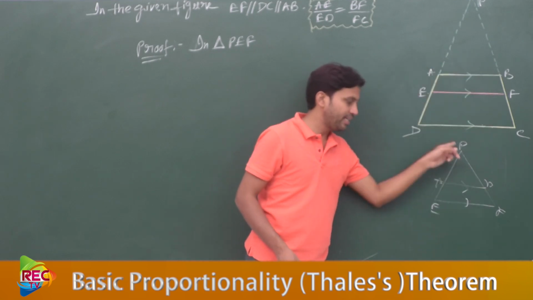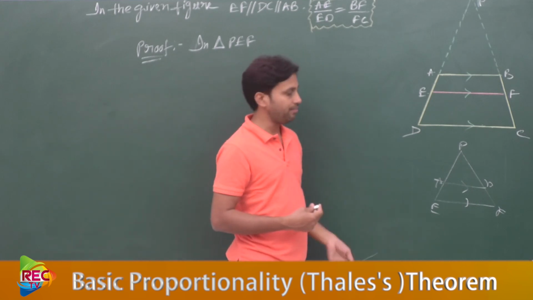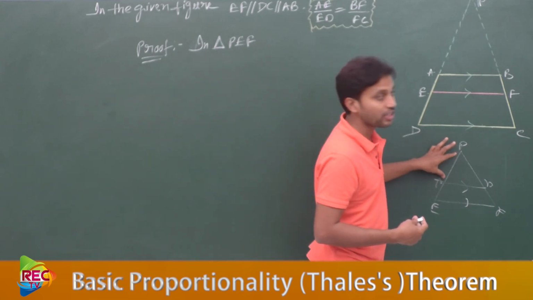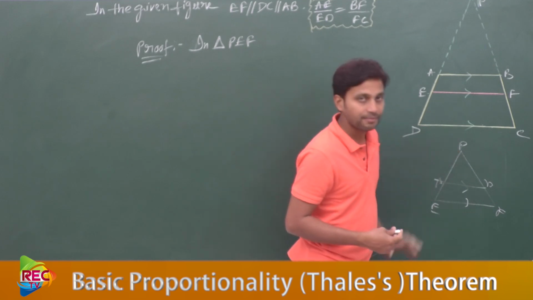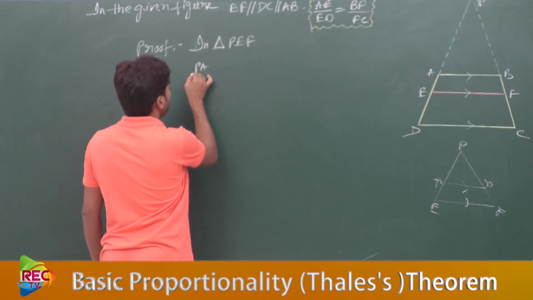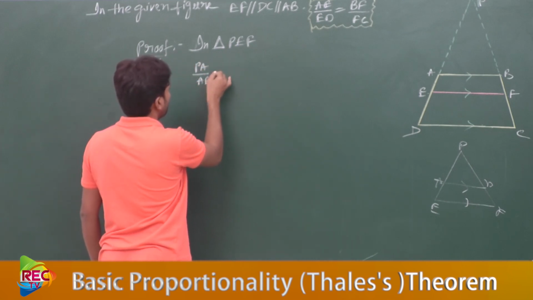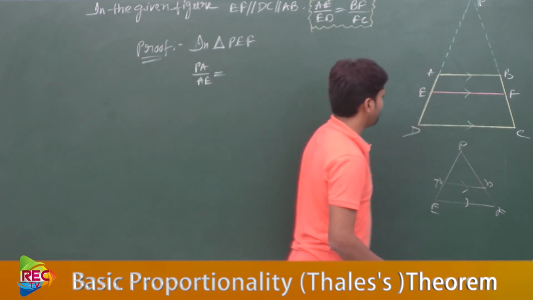So can we apply Thales theorem here or not? Exactly. According to Thales theorem, we can apply the proportionality rule. What is that proportionality? PA by AE equal to PB by BF.